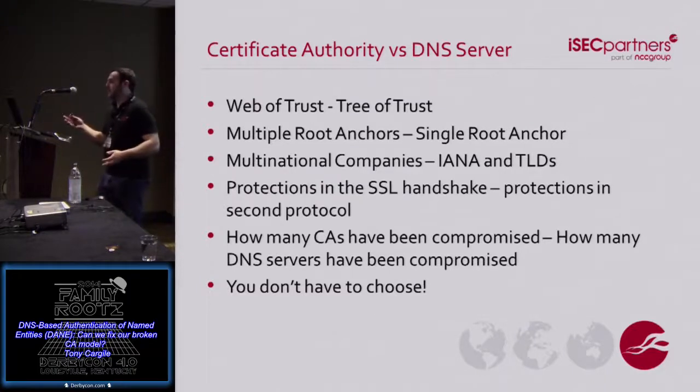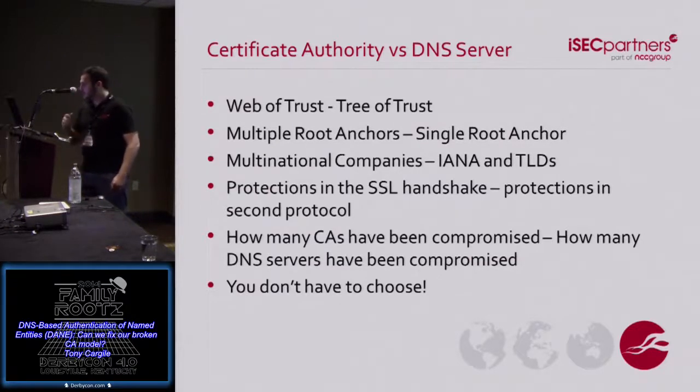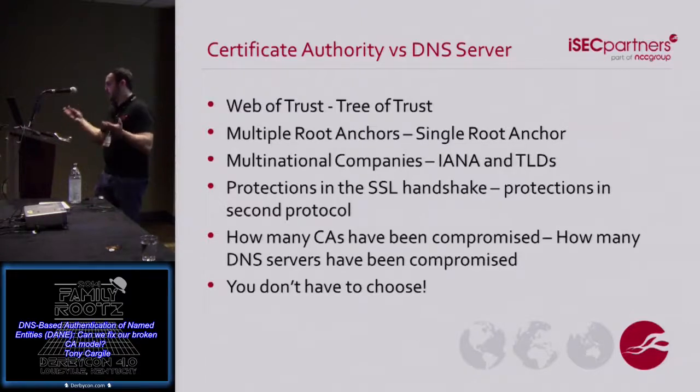We're going to see it move more towards those multinational companies, but right now, in the multinational companies, we have 4 companies that actually provide 95% of the CA systems: Symantec, Comodo, GoDaddy, and GlobalSign. So there are some pros and cons with that.